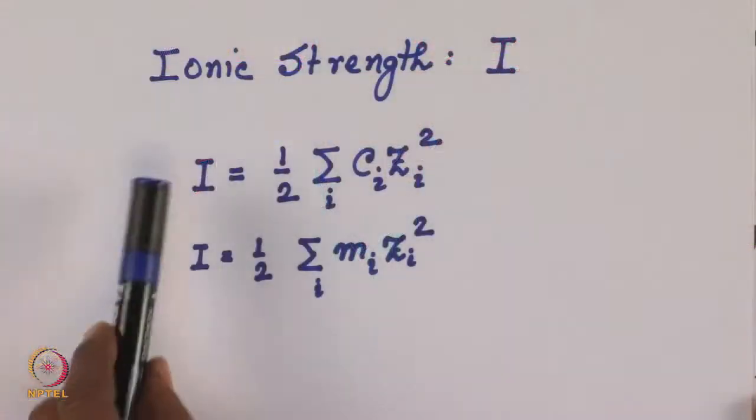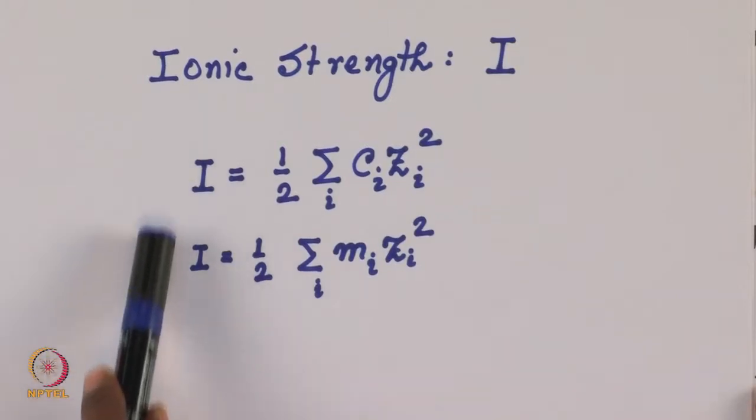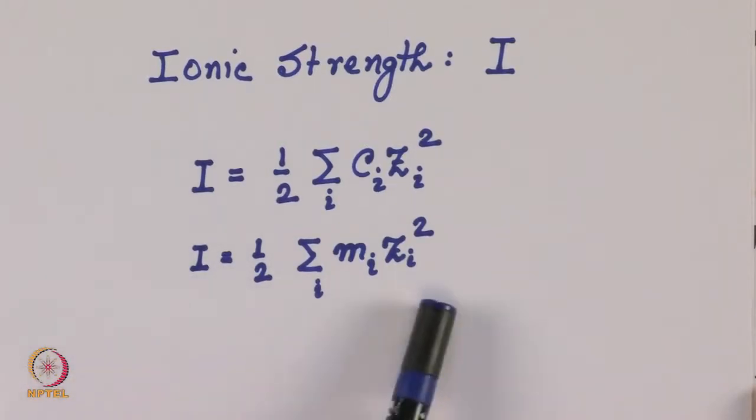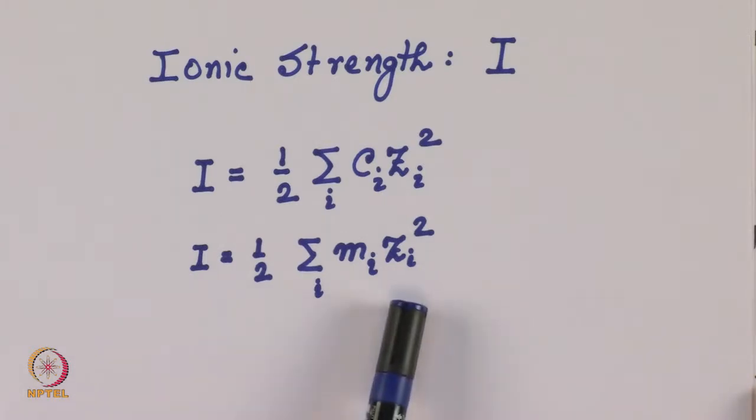However, if more than 2 ions are present in solution, then according to the definition of ionic strength, we need to consider all possible ions in solution. Therefore, this is a word of caution: when reporting the ionic strength of a solution, we must include contributions due to all possible ions present in the solution.